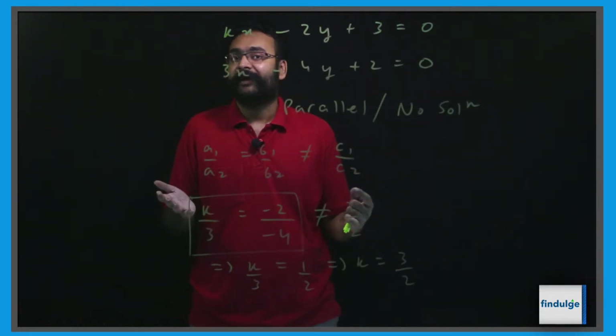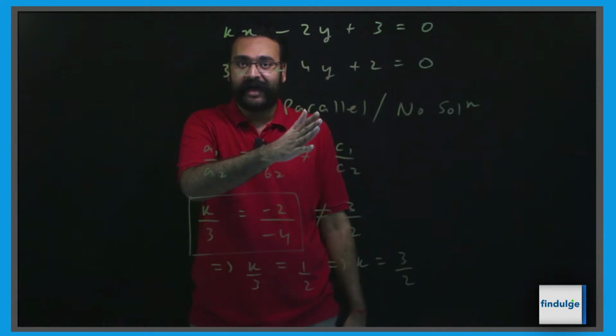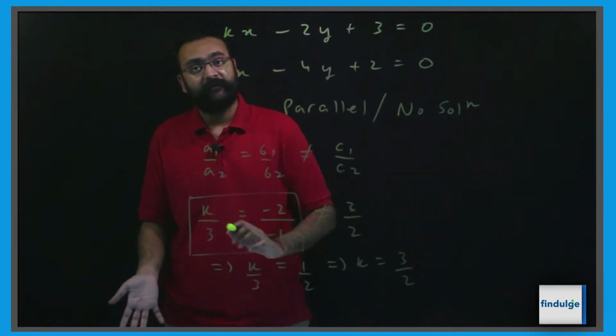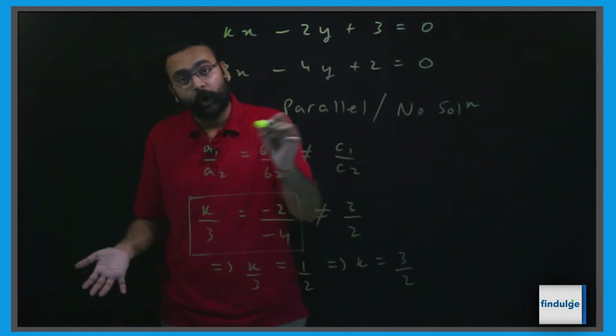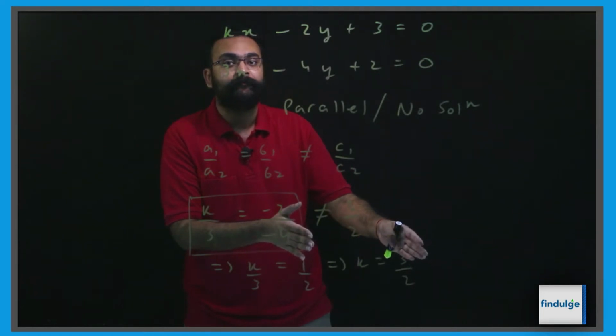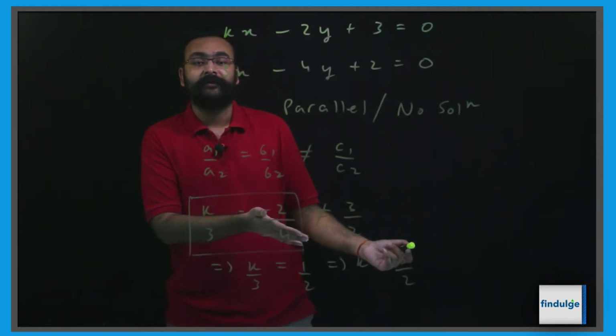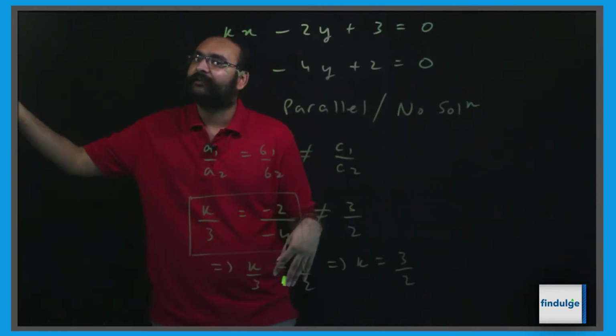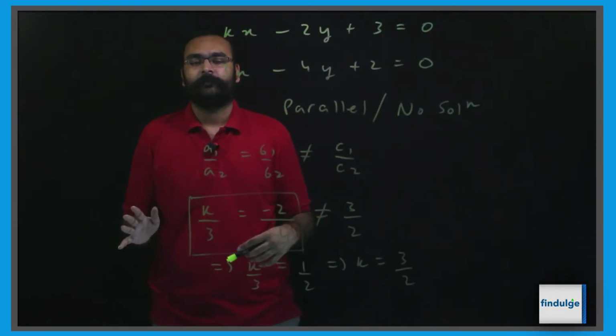If the question said find the value of k such that they have a unique solution, then the condition would change to being a1 upon a2 is not equal to b1 upon b2. So actually when you would solve the question, your answer would come out to be that k should not be 3 by 2, can be any other value other than 3 by 2.